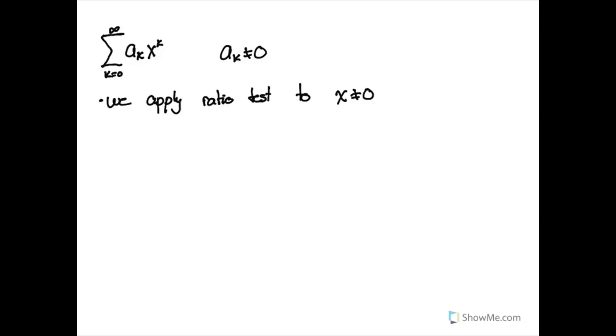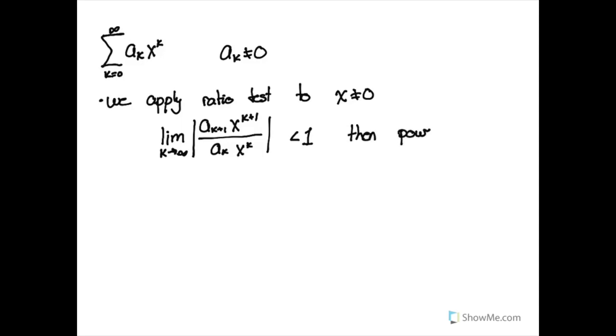So we're going to apply the ratio test, and we're going to see that the limit as k goes to infinity of a_(k+1) x^(k+1) over a_k x^k, if this is less than 1, then the power series converges.